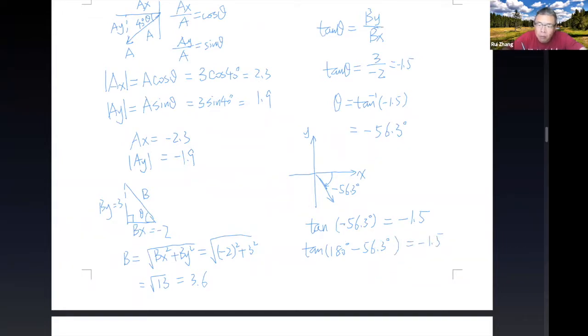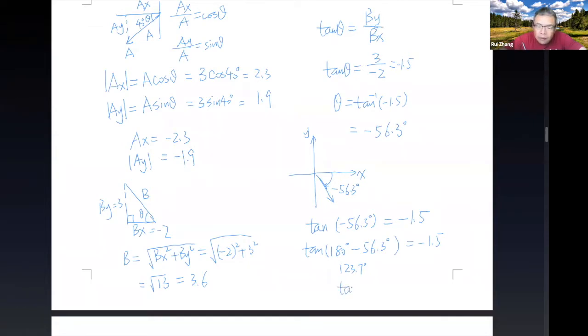So both these two angles have the same tangent value. This angle here is actually 123.7 degrees. So when you do this inverse, your calculator only gives you one value instead of two values of the angles, and by default, it gives you this angle instead of that angle.